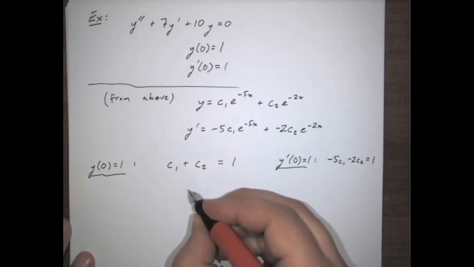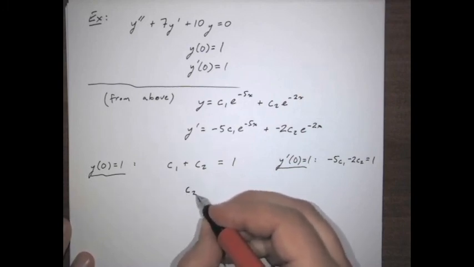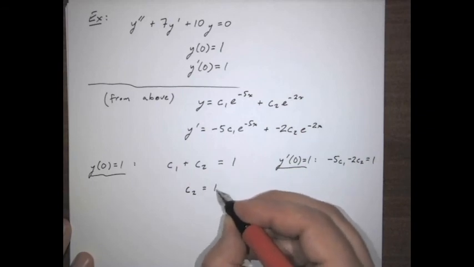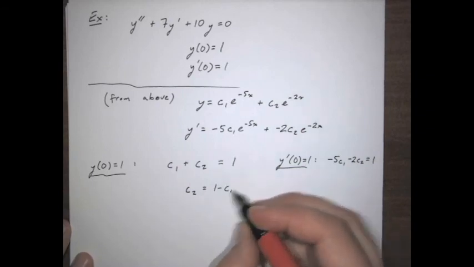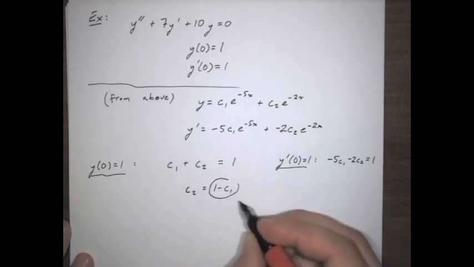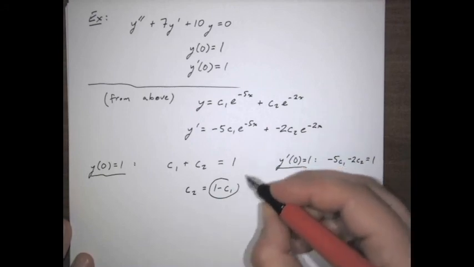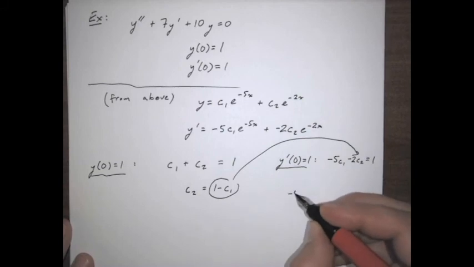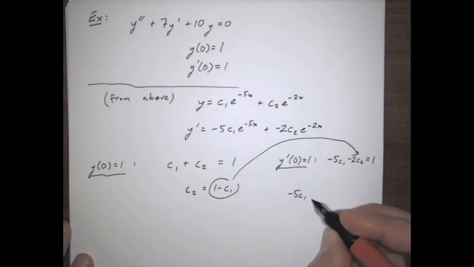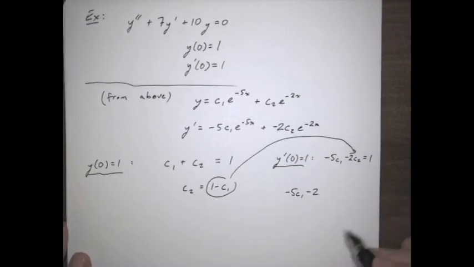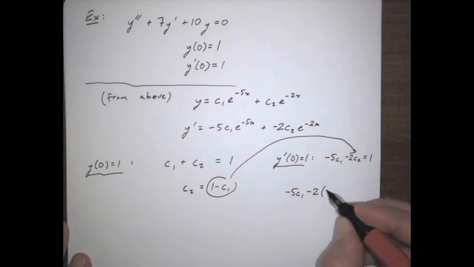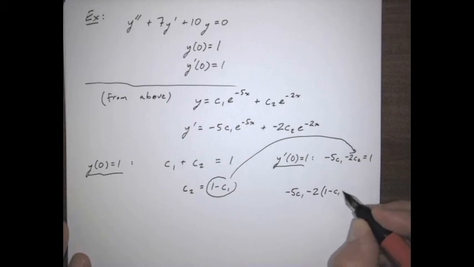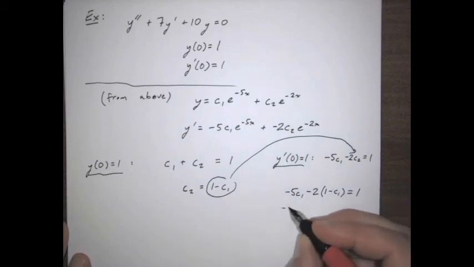So that'll be something like you solve one of the equations for one of the variables, and then you can plug that in for that variable in the other equation. So it's going to make negative 5 C1 minus 2 times what we just found, C2, which is 1 minus C1, equals 1. Then do the algebra.